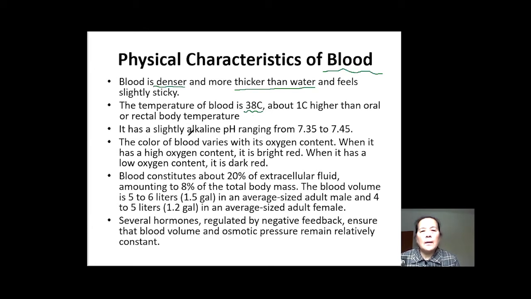And blood has an alkaline pH, so we say it has a normal pH range. Generally blood is red, but it still differs depending on how much oxygen is inside.